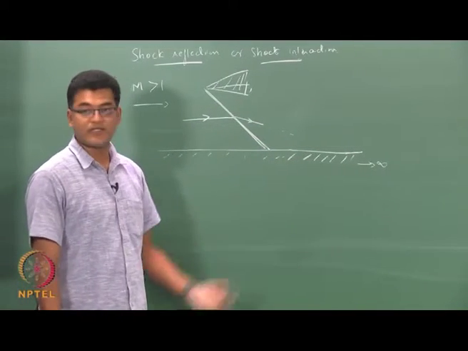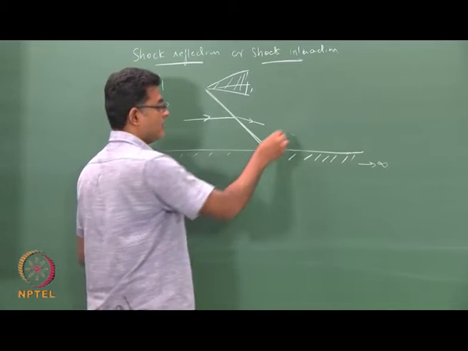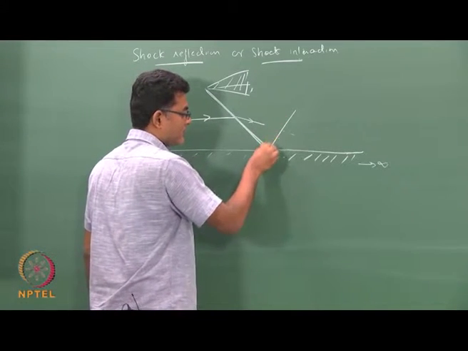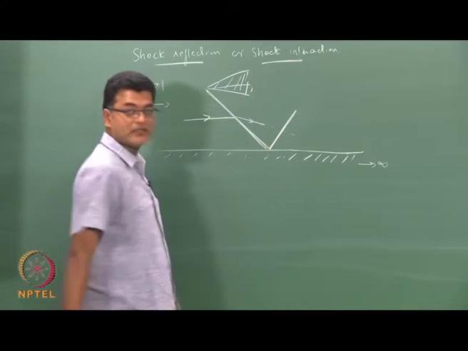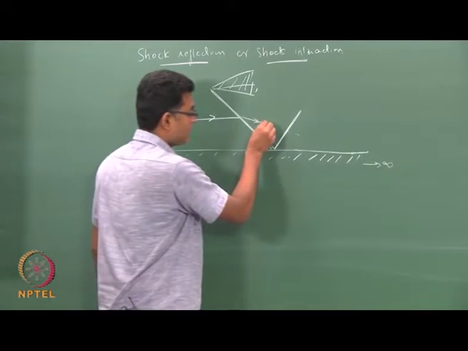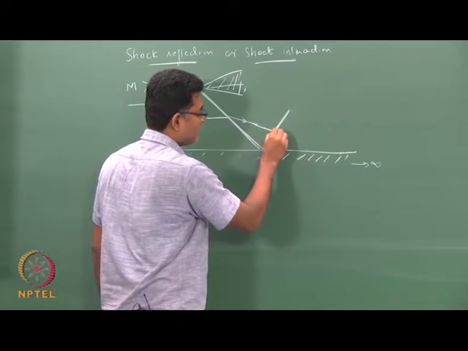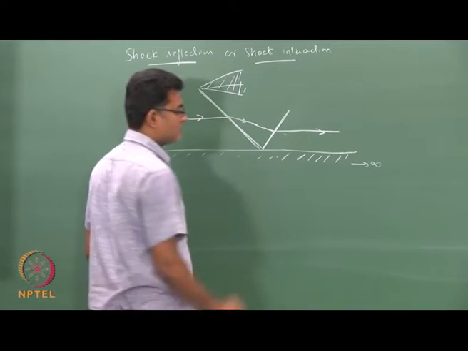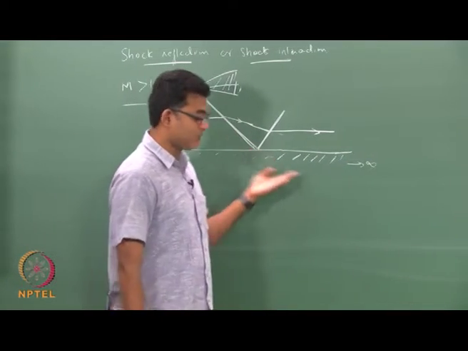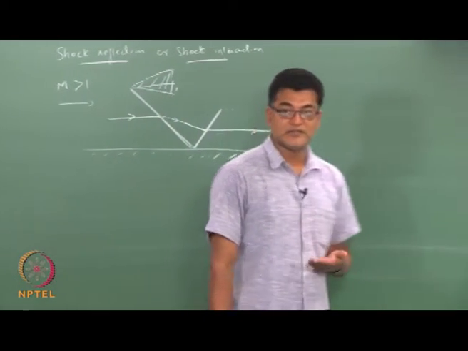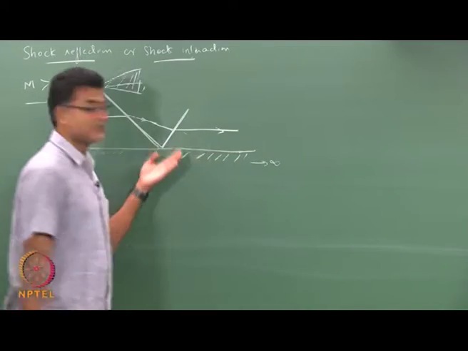So, to avoid that kind of scenario, the flow would take another shock wave, which is the reflected shock wave from the surface. The flow comes here and makes a turn like this, so that the streamlines are parallel with the surface. Now, this happens because we are doing an inviscid flow analysis, we avoid separations here.